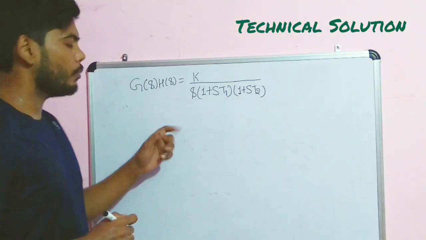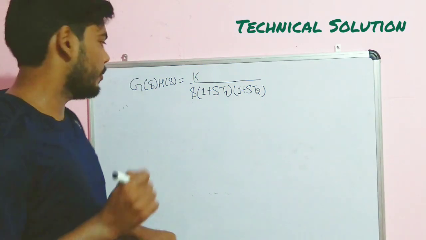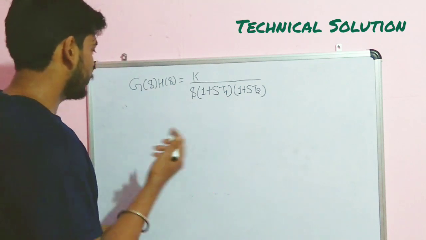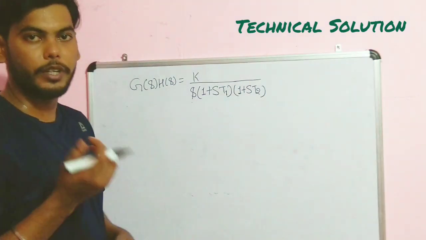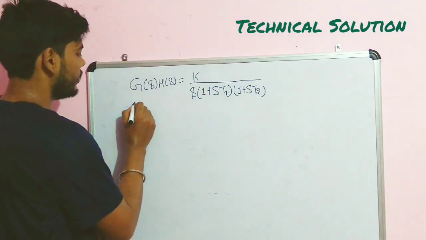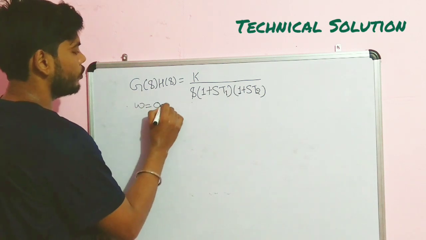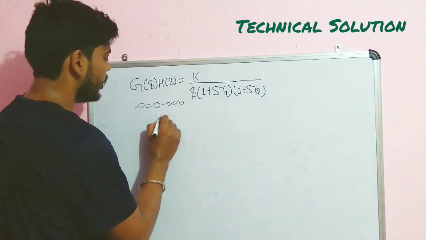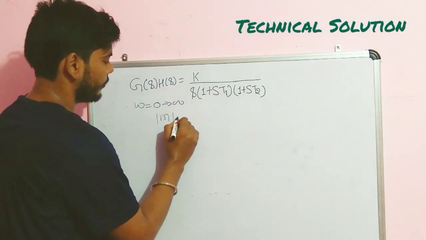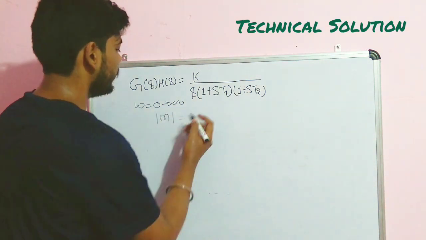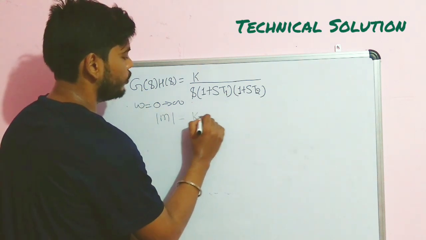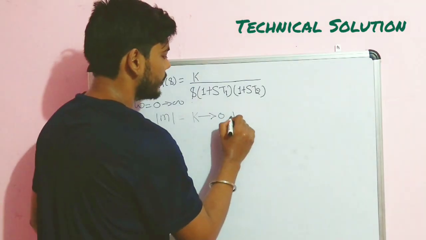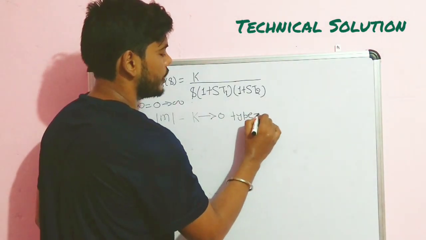On the basis of finite poles and zeros, for the minimum phase system we have a formula to draw a polar plot within a second. For the minimum phase system, when omega varies from 0 to infinity, the magnitude varies from K to 0 if the type of the system is 0.